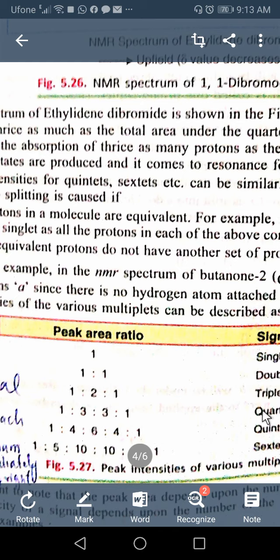So I think you will be able to understand the basis of splitting, how the relative ratios of the intensities, heights or areas of the peaks can be explained on the basis of spin-spin interaction or spin-spin coupling.